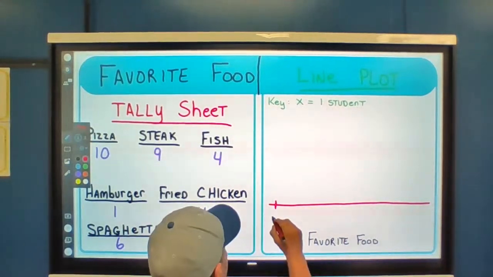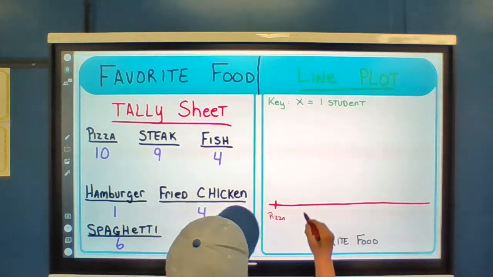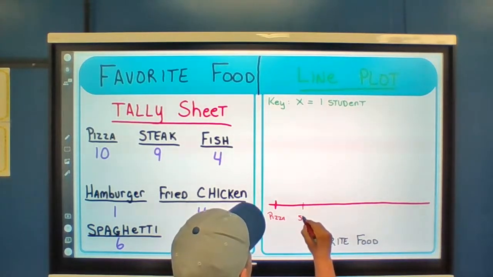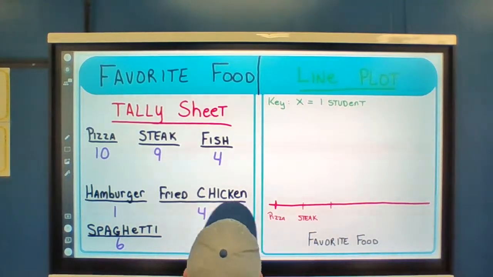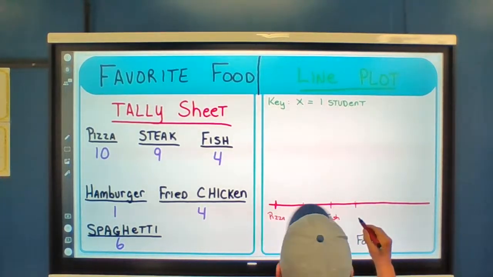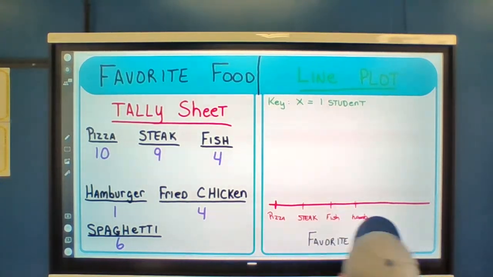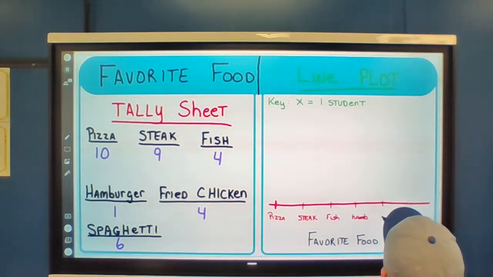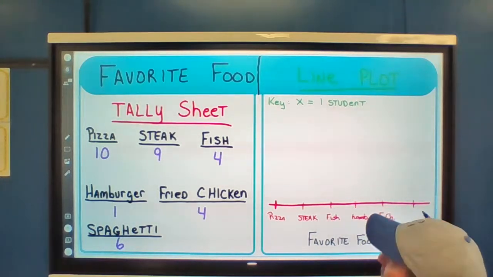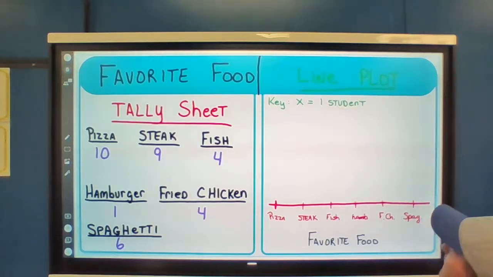Okay, so we're going to go pizza, steak, fish, hamburger, fried chicken, and finally spaghetti.